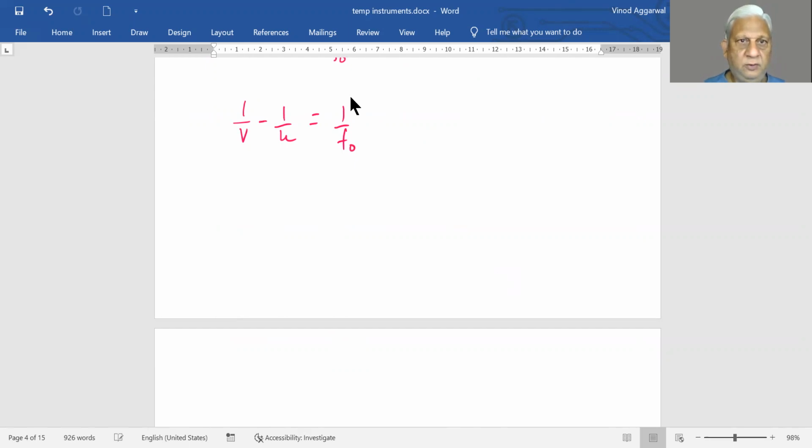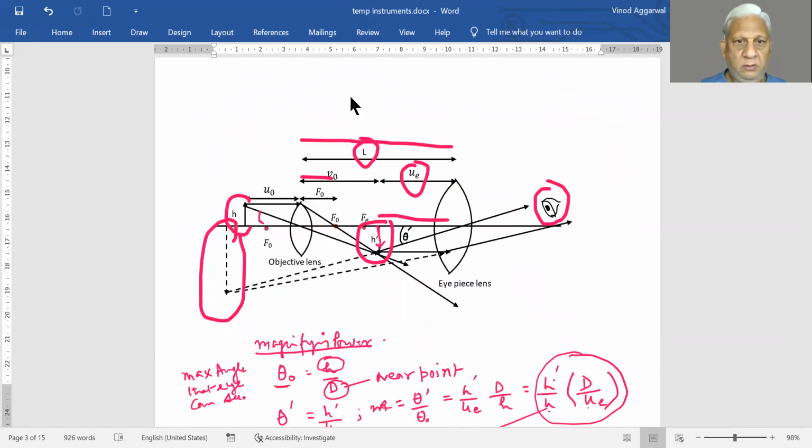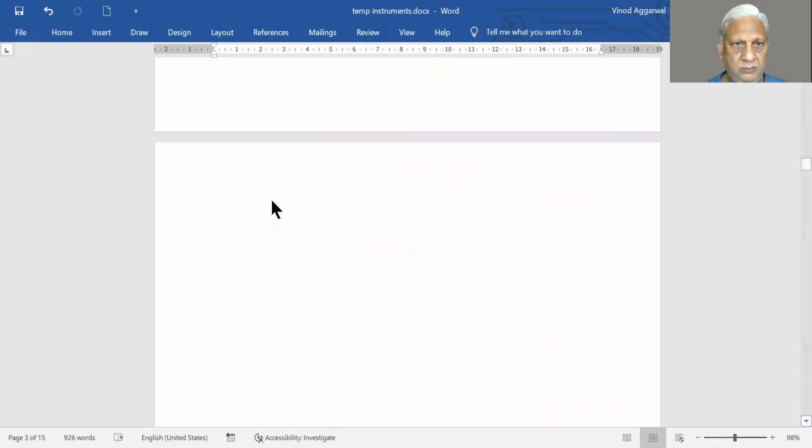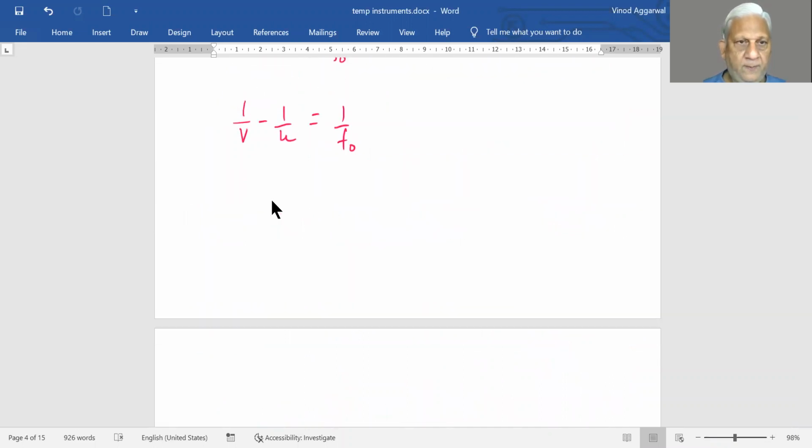V is formed on the other side, so it is positive. U is on this side; the ray direction is this, so U will be negative. So V is positive, U negative, and F is again positive.